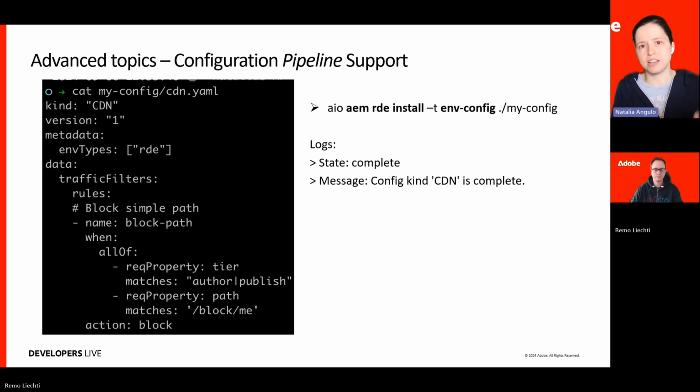Again, behind the scenes, as in the front-end pipeline, this is going to zip all the files that you have in that folder that you are pointing out, and then push it to the cloud, and then push it to the AEM instances, and then everything is going to be completed and deployed as soon as you get the message, hey, it was completed. The new config CDN was detected, and it's done. This is going to be done in seconds or 1 minute, so it's super fast.